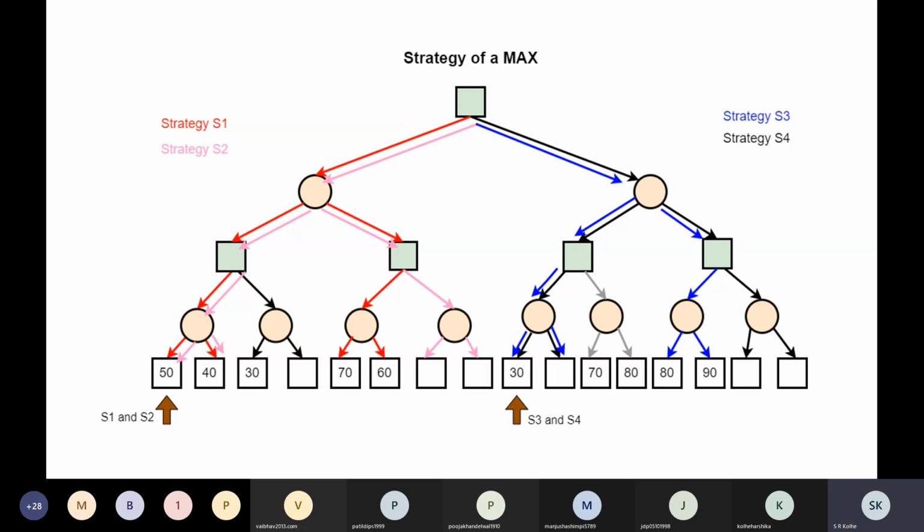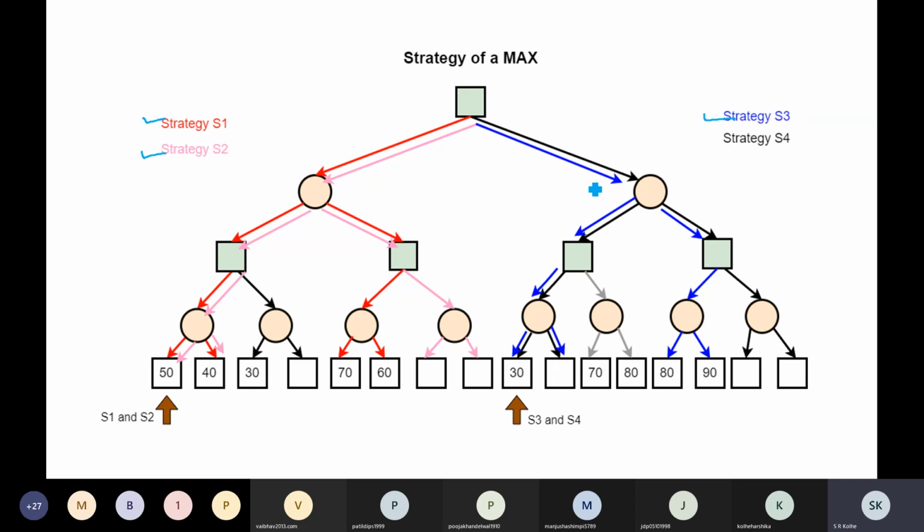Consider this game tree, as we have seen earlier. Here 4 strategies are shown: S1, S2, S3 and S4. S1 is shown in the red color tree. S2 is shown in the pink color tree, this one.